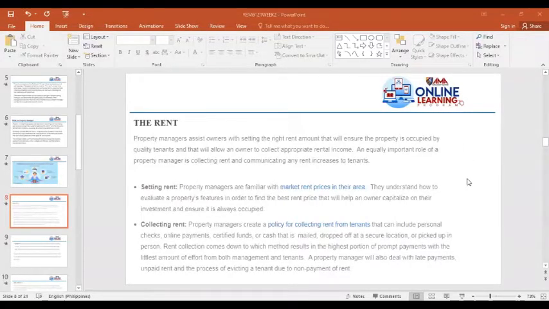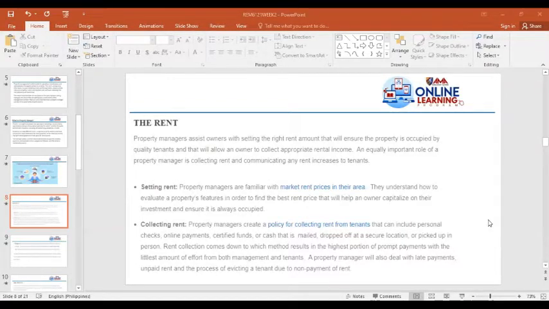So with this, the property manager should create a policy with regards to collecting payments from the tenants. And also, the property manager encounters delayed or late payments or unpaid payments by the tenants.